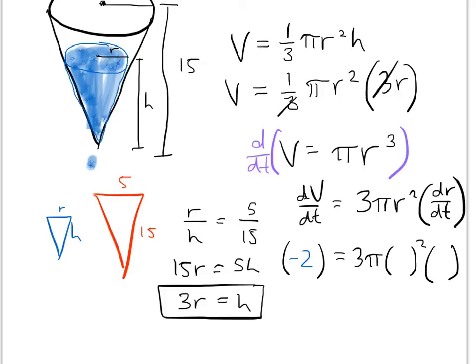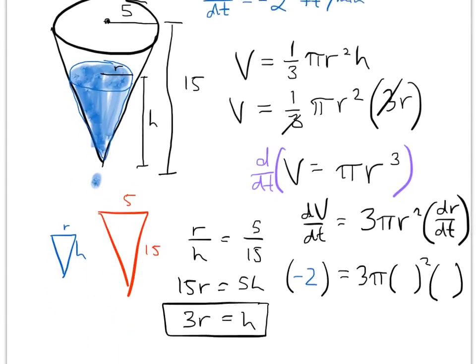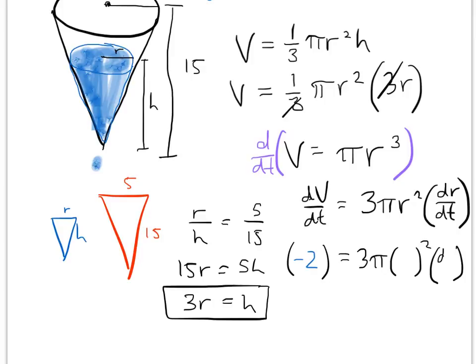Now, we also need to know what our radius and our rate of radius would be. If you read the question here, they ask at what rate is the radius of the water in the tank shrinking? So we need to figure out what is dr/dt. And we should be expecting a negative number since it said shrinking. So down here, we've got our dr/dt.